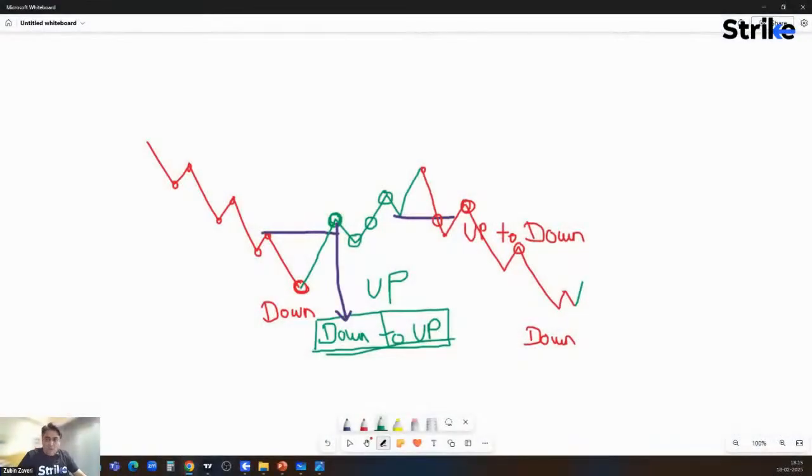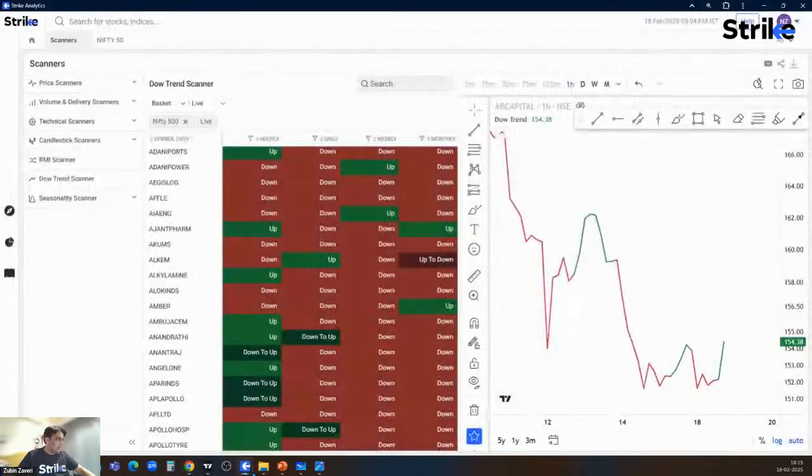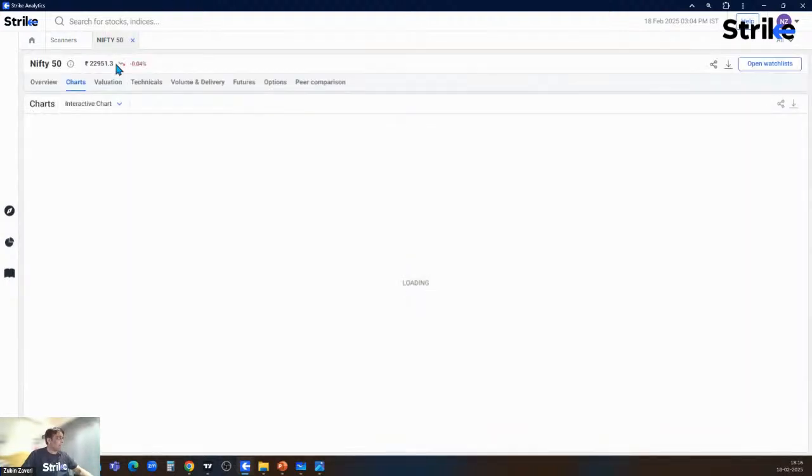Right? Okay. So now let's see how it looks on the chart. So here we go. Now, let's suppose you are a short term trader and you want to find out stocks from Nifty 500. Today, let's understand the Nifty chart also. All right, what has happened in Nifty?